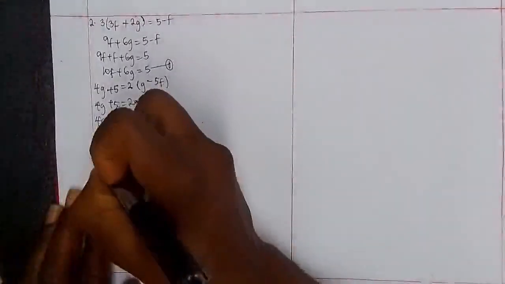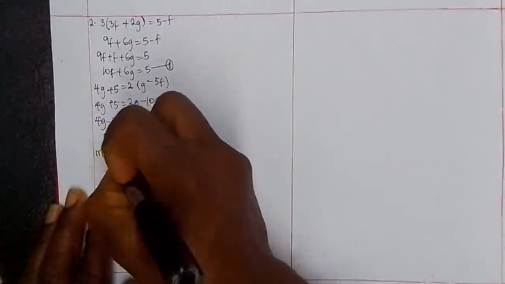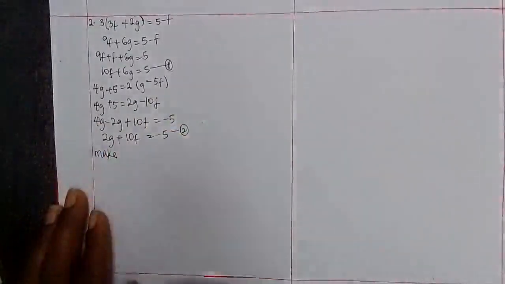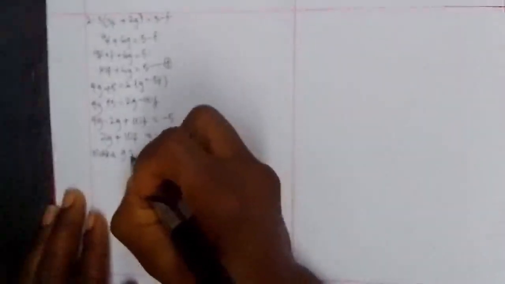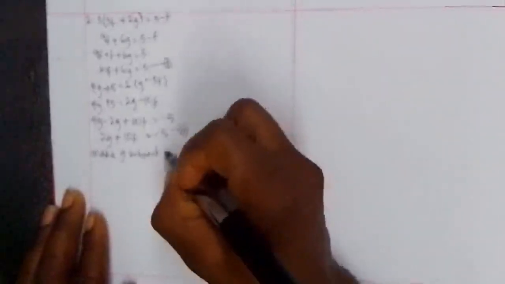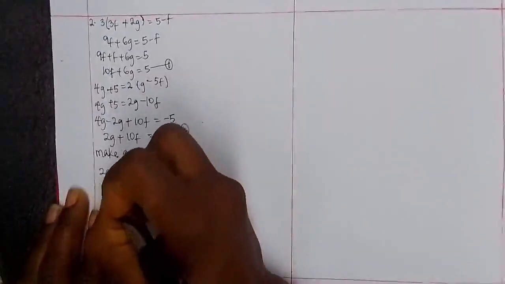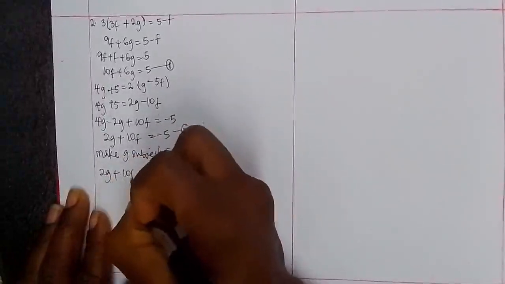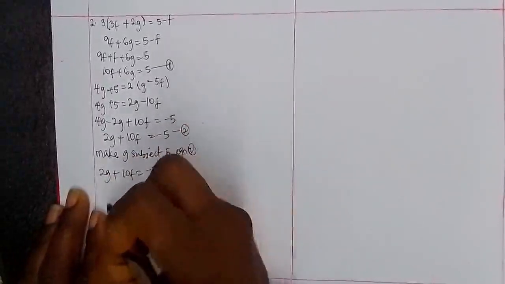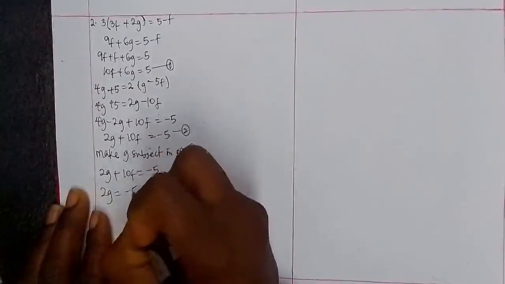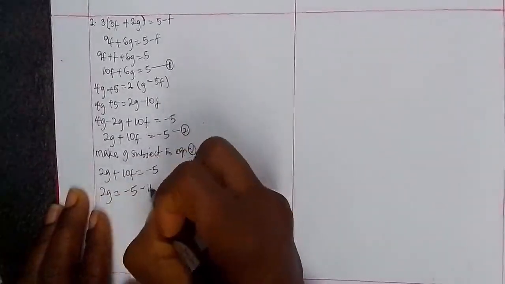With the knowledge of subject formula, let's make g subject in equation 2, because the last one we made use of equation 1 in equation 2. Equation 2 is 2g plus 10f is equal to minus 5. So to make g subject, we have 2g is equal to minus 5 minus 10f.